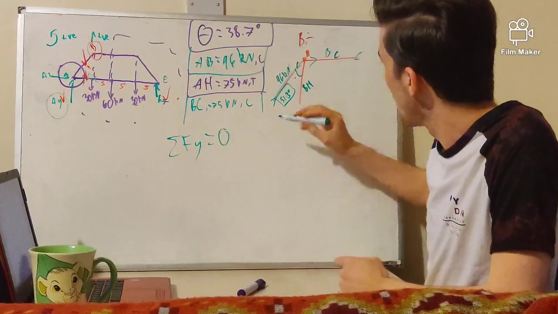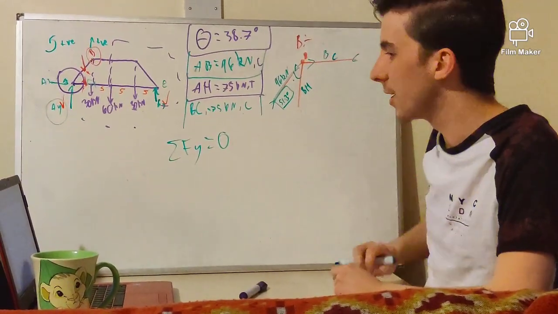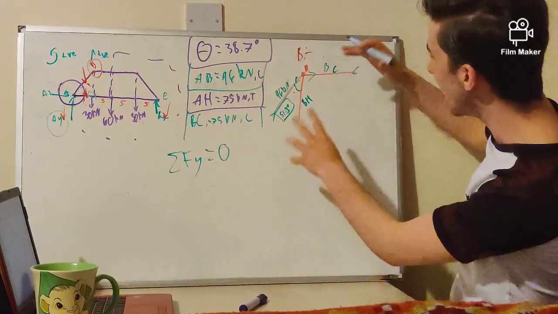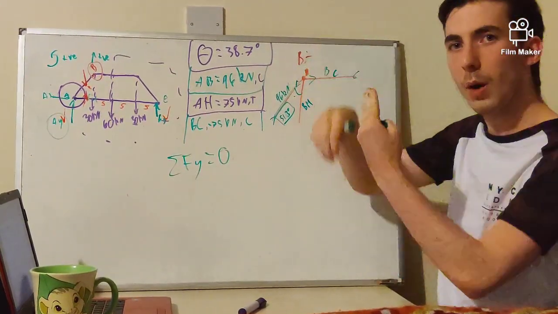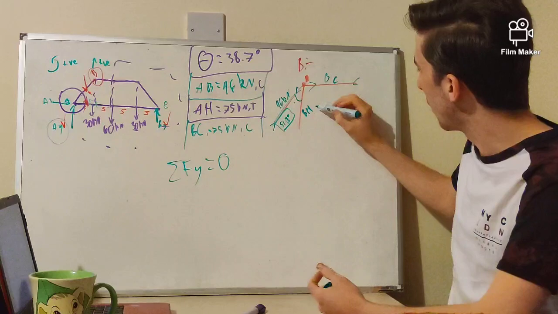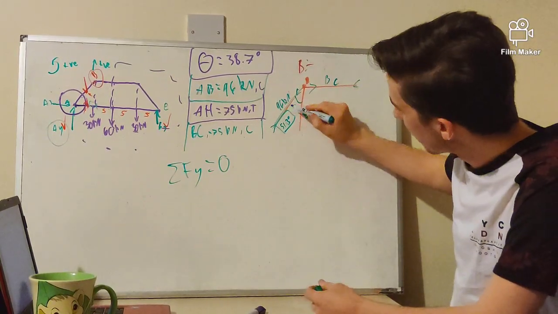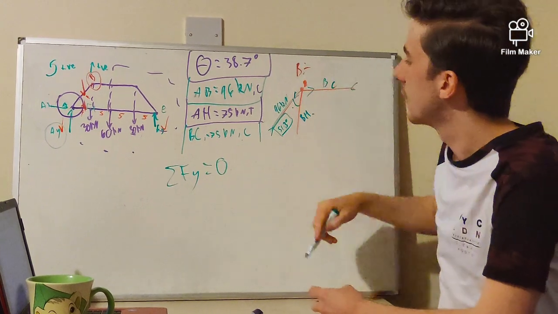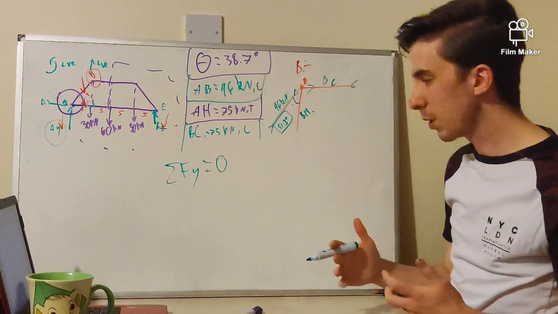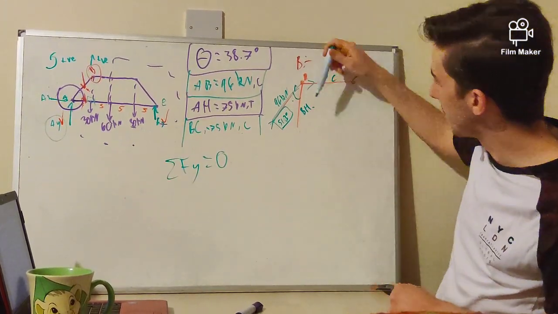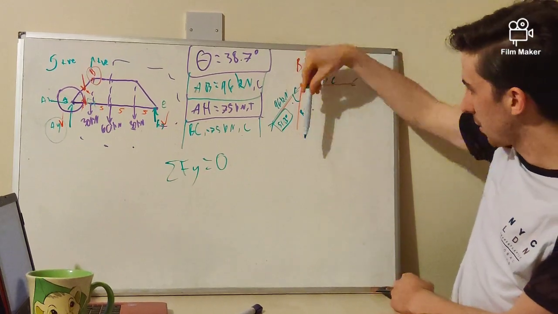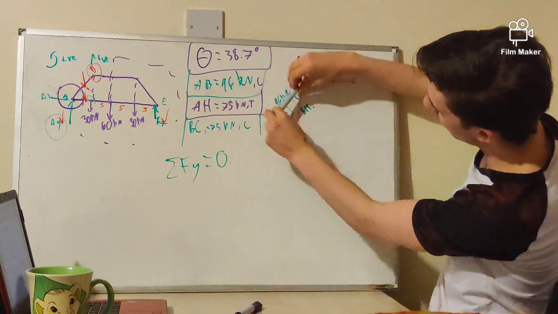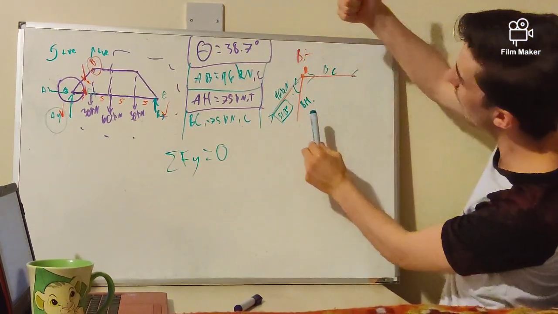So, sum of the forces in Y equals 0, and we're working on joint B. That means, essentially, we're just adding up everything in here that could possibly have a Y component. So we've got BH and whatever the Y component of this 96 BA is. BH is going to be acting this way, I think, and this 96, when we come through the angle using cosine, is going to be acting that way.